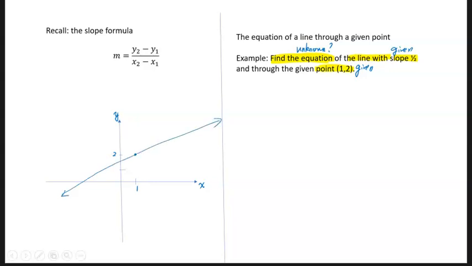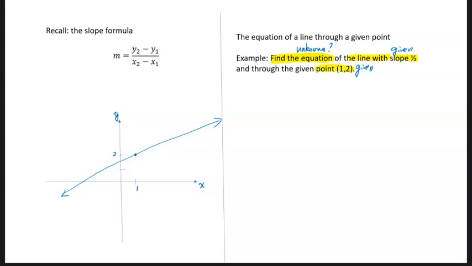When we are given the slope, we know how steep the line is, and we also know the line goes through this point, so the line is determined and we are able to draw the graph of the line. So now we have the graph, but we need to find the equation. So what is the algebraic equation for this line?